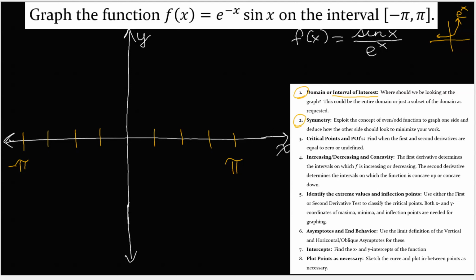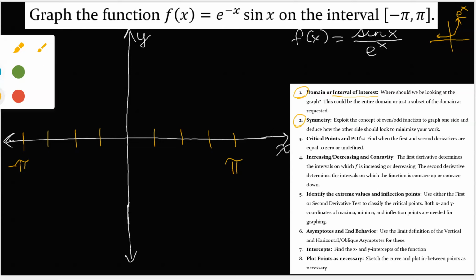And then when we are looking at symmetry, we would say that it has no particular symmetry, because f of negative x would be sine of negative x, and we know that sine of the opposite of x is the opposite of sine x, divided by e to the negative x, which really gives us negative e to the x sine x, which is neither the same nor the opposite.